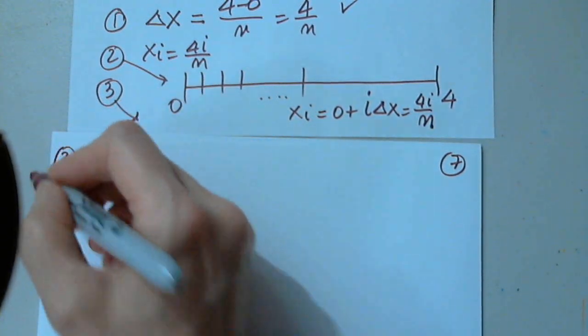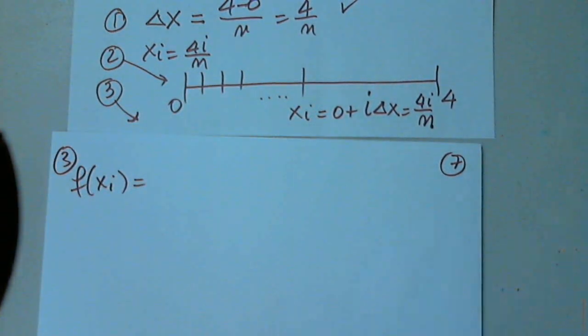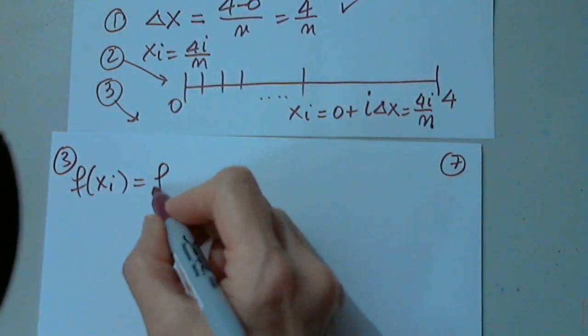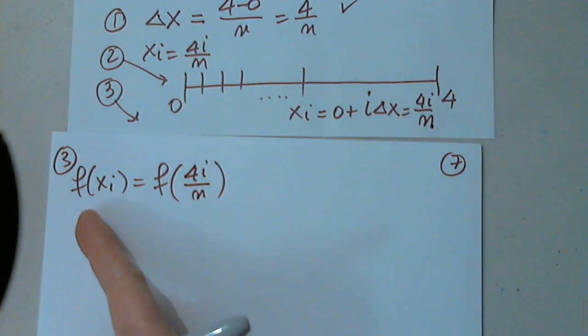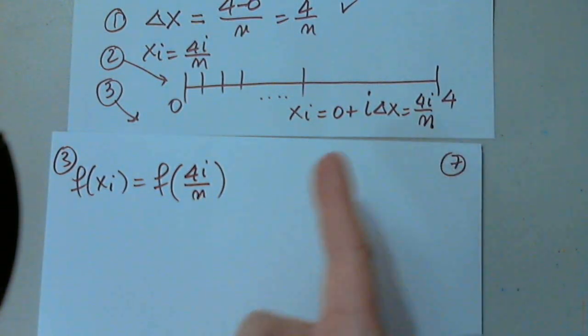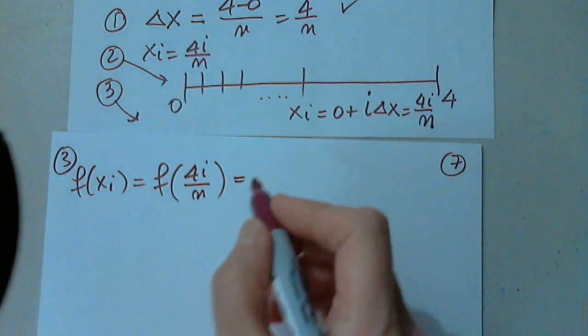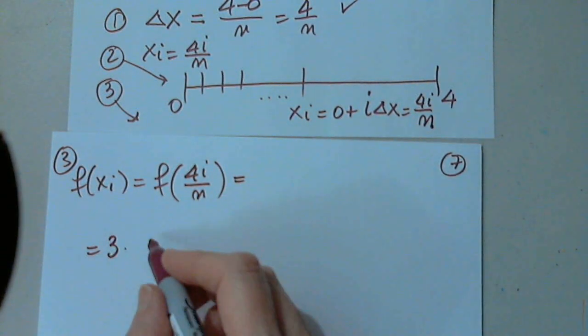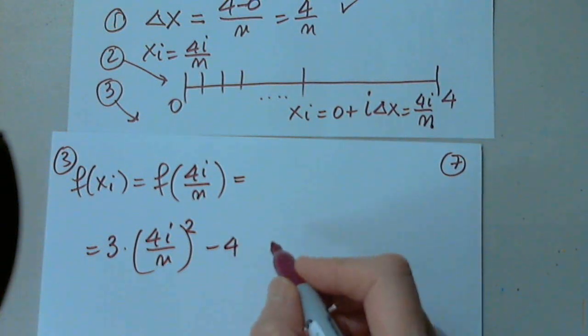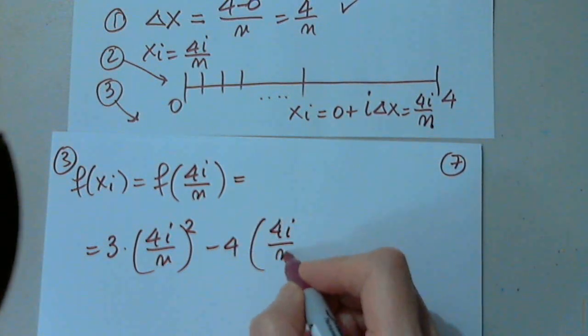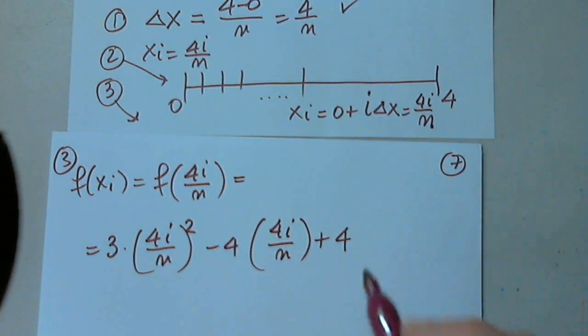This is number 3, the function. I have it right there. So this is f of 4i over n. This is 3 times 4i over n squared minus 4 times 4i over n plus 4.